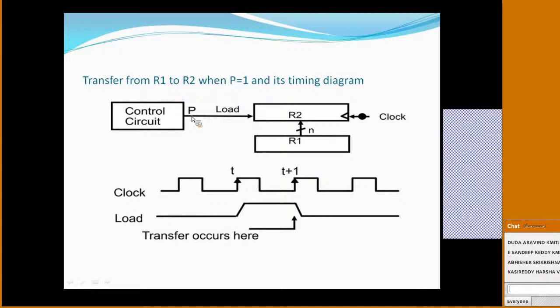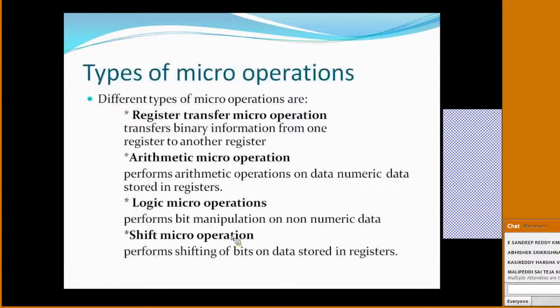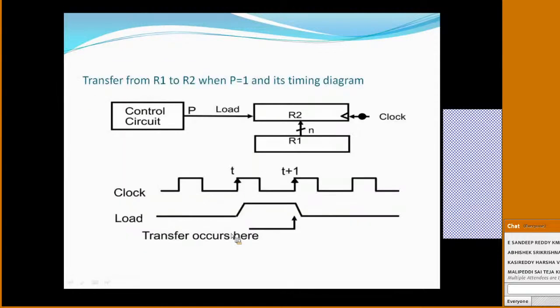The control circuit is not sending any signal for transfer of data from one register to another. Whenever, at clock pulse time t, the value of P becomes 1, a high signal will be sent by the control circuit to the load input of R2.